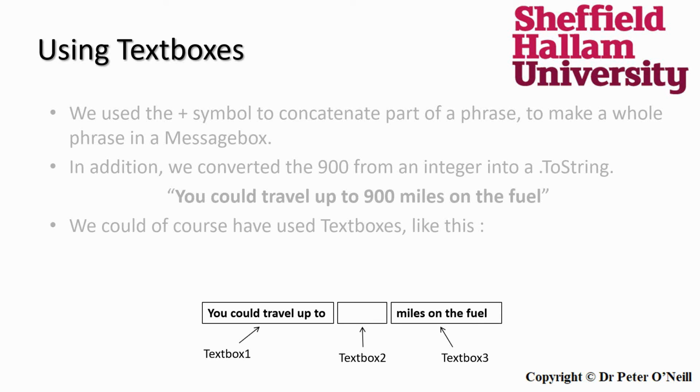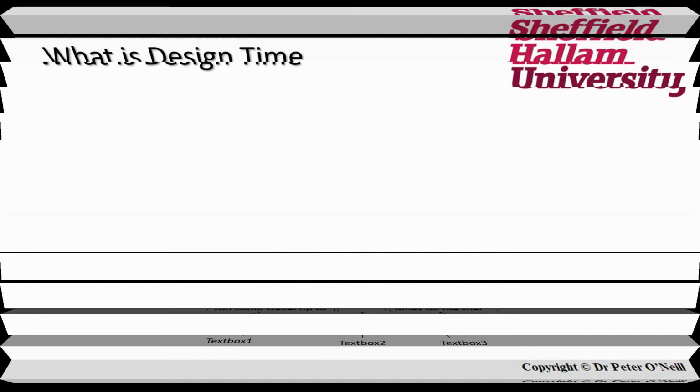Please note, because it's a text box, remember, we'd have to convert it from an integer or whatever value it is into a string, and then in the third box, miles on the fuel, like so. Okay, and we do this during design time. At runtime, we'd work out how many miles it is and insert that at that point.